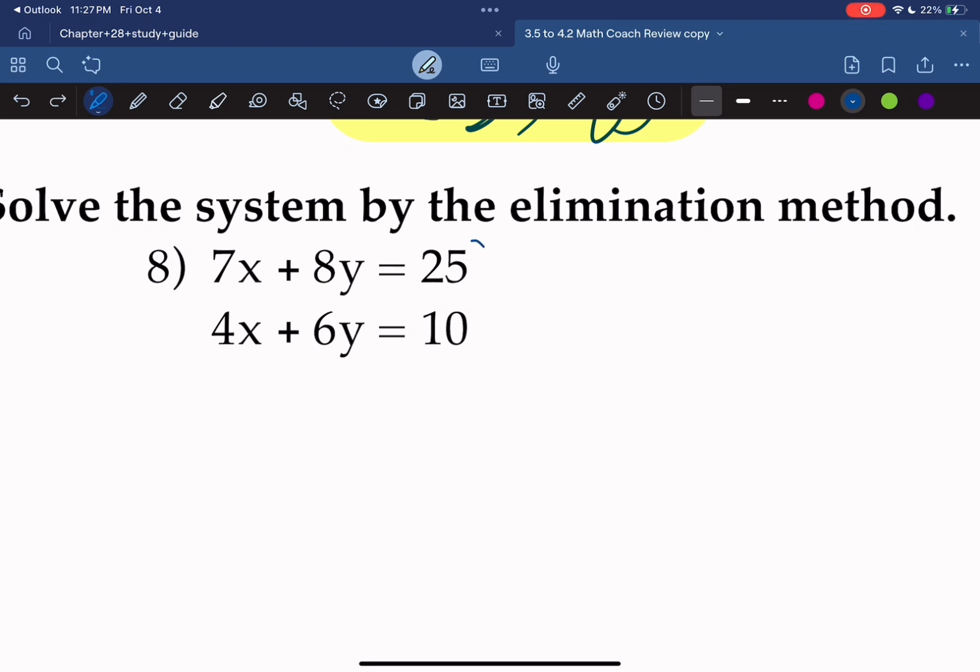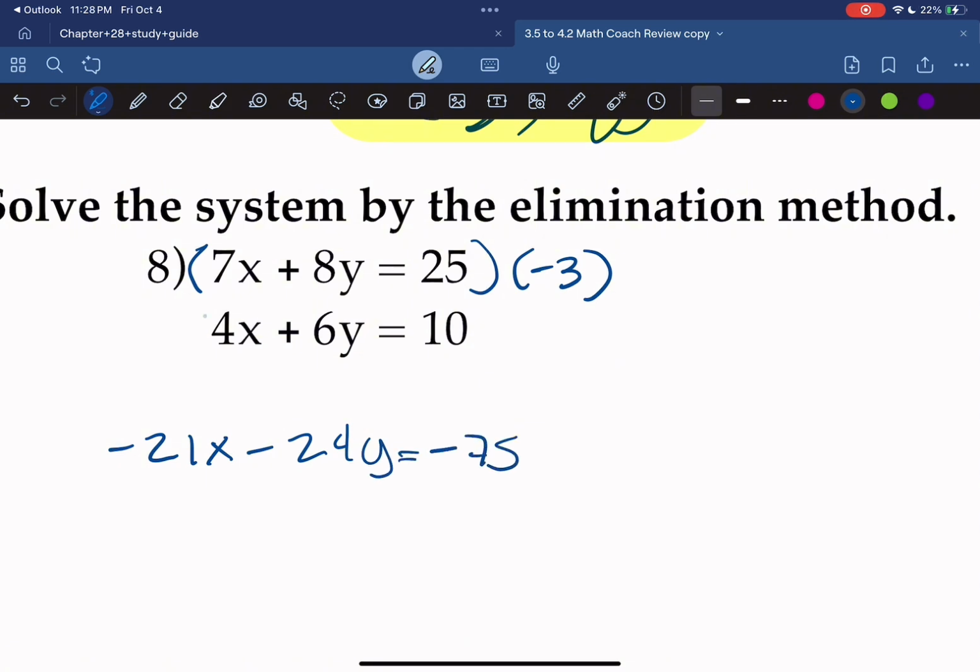So in order to make 8 into 24, we would multiply by 3. Let's try to make one side negative and one side positive so that we can cancel it. So let's multiply this by negative 3, which is going to be negative 21x minus 24y, which equals negative 75.